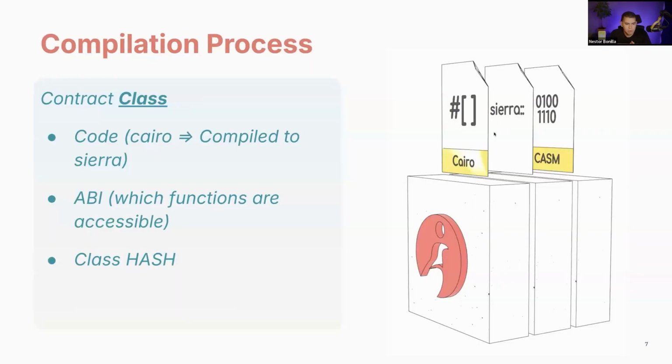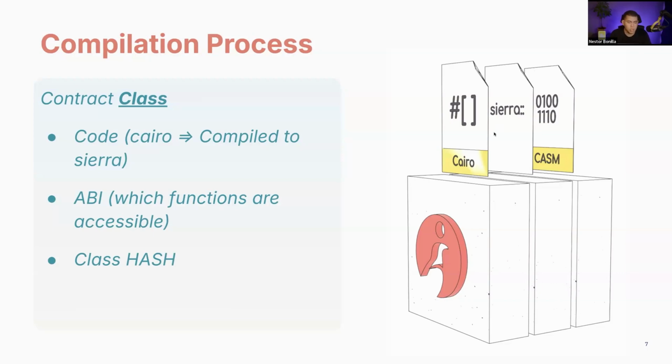Now, before we start on the front-end portion, let's remember a little bit about the previous classes, right? On the last one, Robert did a great job explaining how we can create our first smart contracts with Cairo, and then we reached the compilation process.